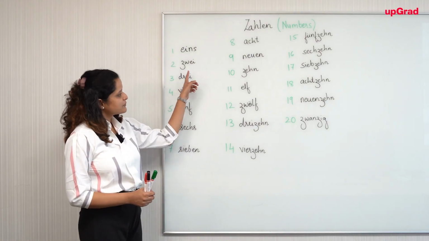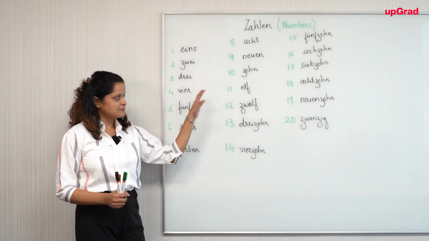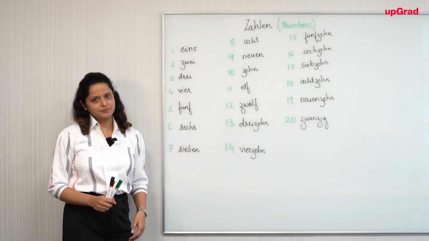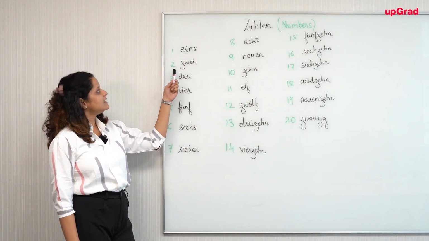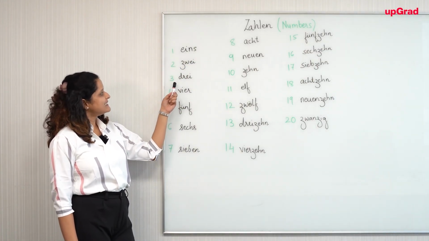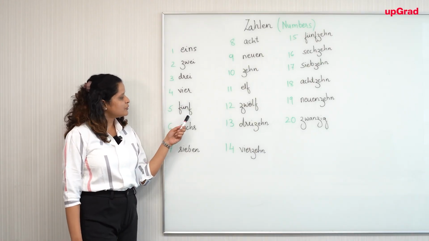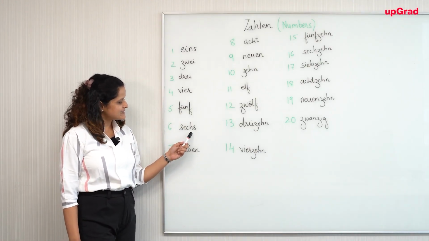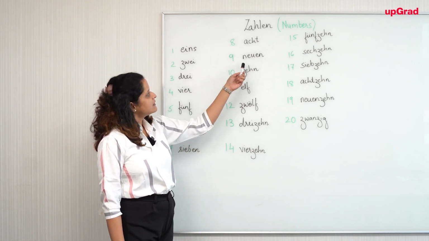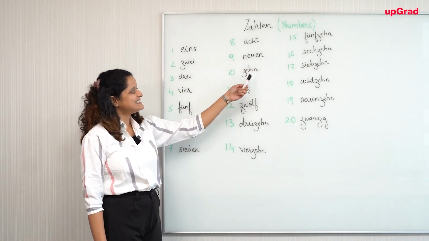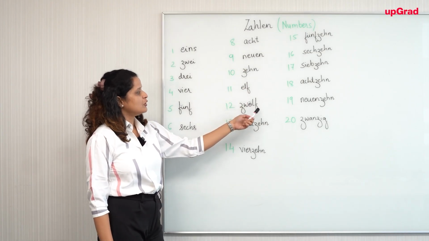As you can see, we have numbers 1 to 20 written here. We will first do the numbers 1 to 20 and then proceed with the further numbers. So you have 1, 2, 3, 4, 5, 6, 7, 8, 9, 10, 11, 12.